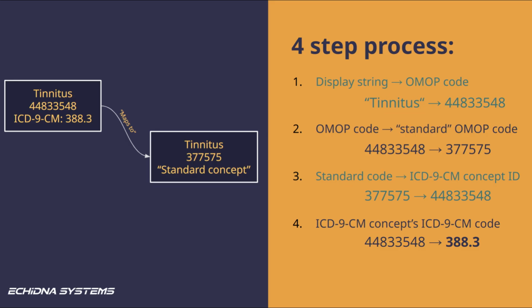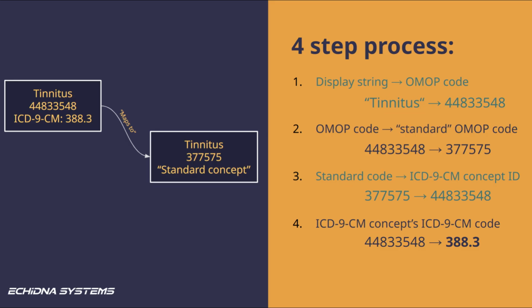With the OMOP code, we convert to the standard OMOP code, and then we convert the standard OMOP code to the code in the vocabulary we're looking for, in this case ICD-9. And then we use that to find the ICD-9 code itself.